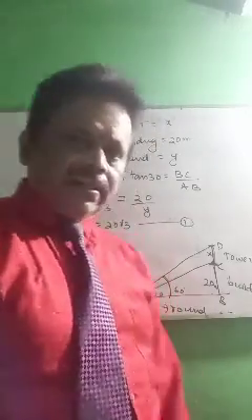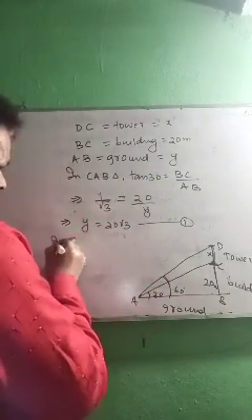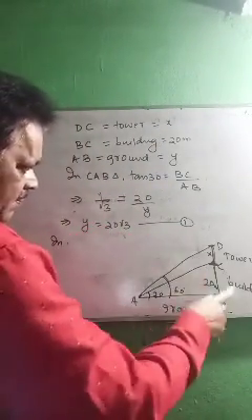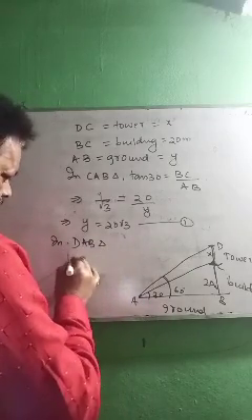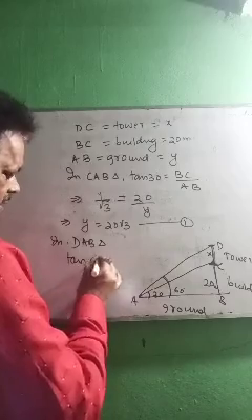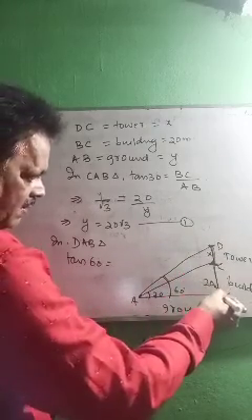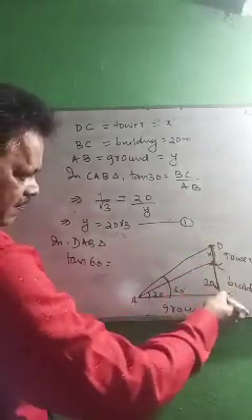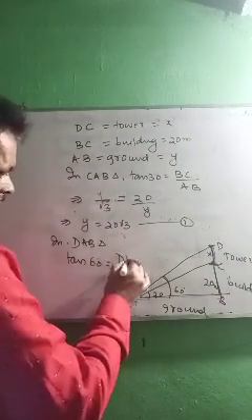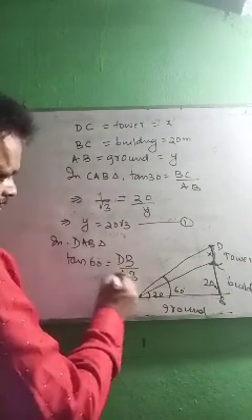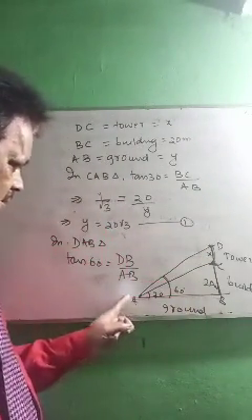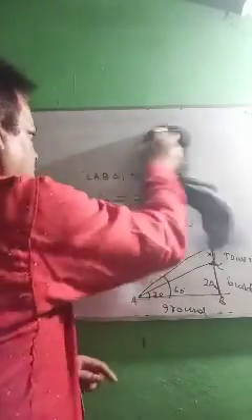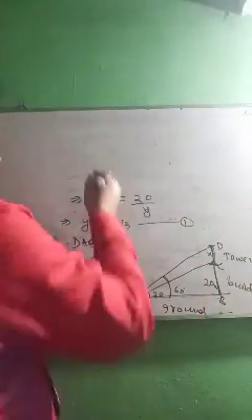60 degree which triangle? In DAB triangle. Tan 60 degree. Perpendicular by base means DB by AB. So tan 60 how much? √3.